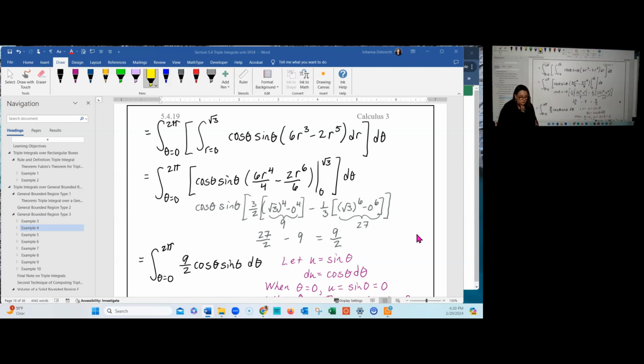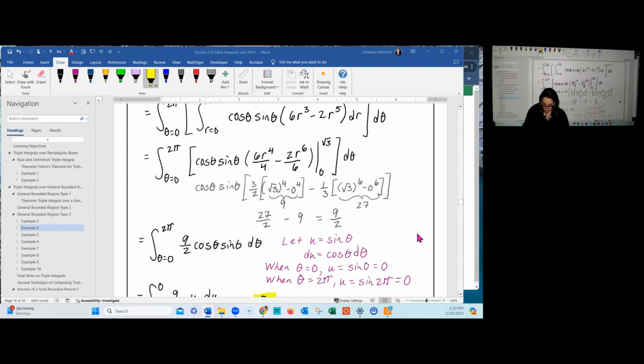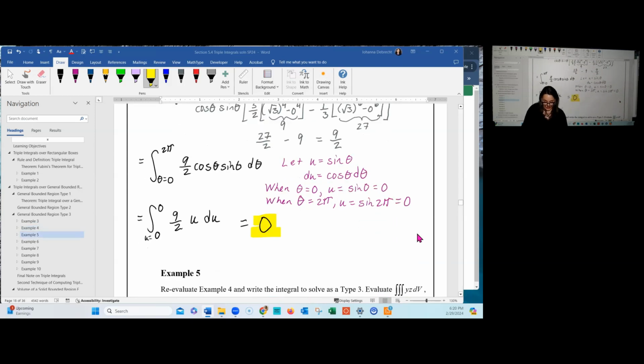Then we can do a u substitution. When we do our u substitution, I chose to let u be sine theta, so the derivative would be a positive cosine of theta d theta, which I do have in the integrand.